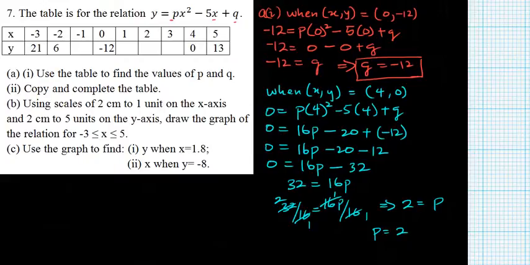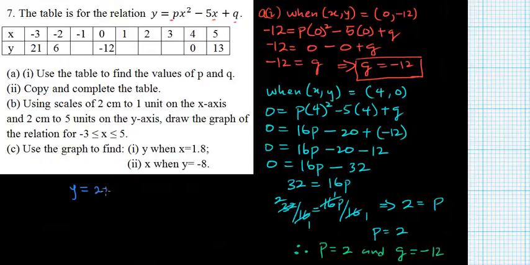So therefore p is equal to 2 and q is equal to minus 12. Now we can substitute these in this relation here and get a complete relation. Where we have p, which is 2, we'll just substitute 2 there.